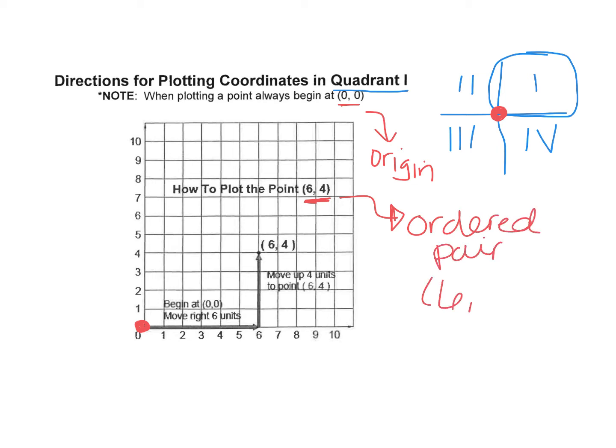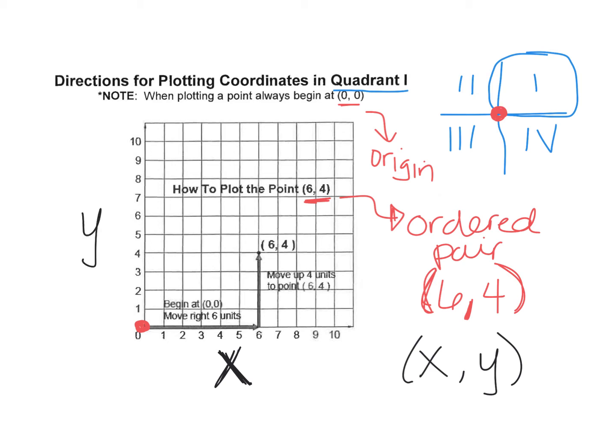And notice that I write it in parentheses with a comma separating my two numbers. The first value is my x value. The second value is my y value. X is on the bottom, so x is horizontal. Y is vertical.